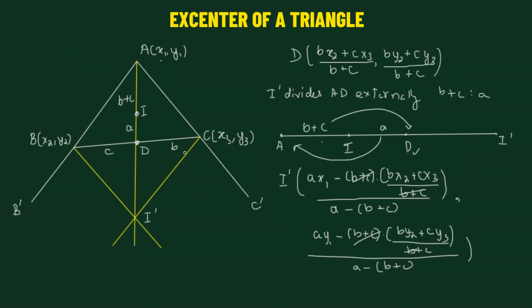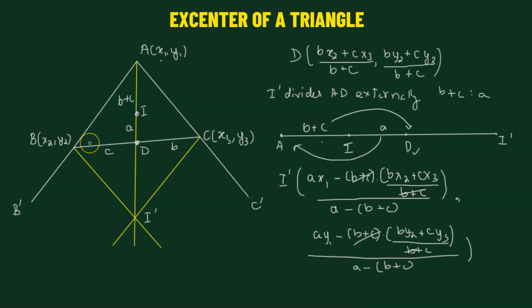Now the question is, is there only one excenter possible? The answer is no. There will in fact be two more excenters possible. That can be obtained because the criterion to find the excenter is that we take angle bisectors. One of them is going to be internal and two are going to be external. Here we have internally bisected angle A and bisected angle B and angle C externally.